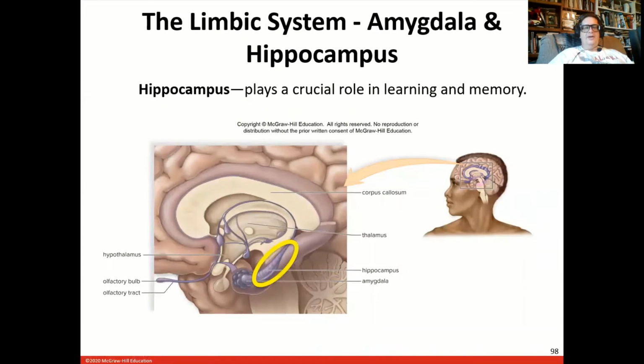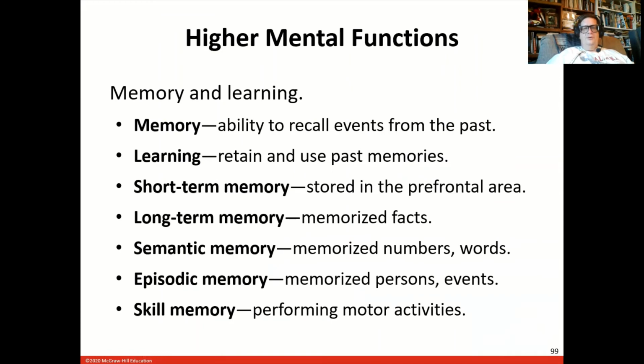All right, your hippocampus is like, if you think of the amygdala as the head of a tadpole, the body of the tadpole going up, that's the hippocampus. And that's involved in learning and memory. You process incoming information and, oh, I should remember that. The brain's like, that's important.